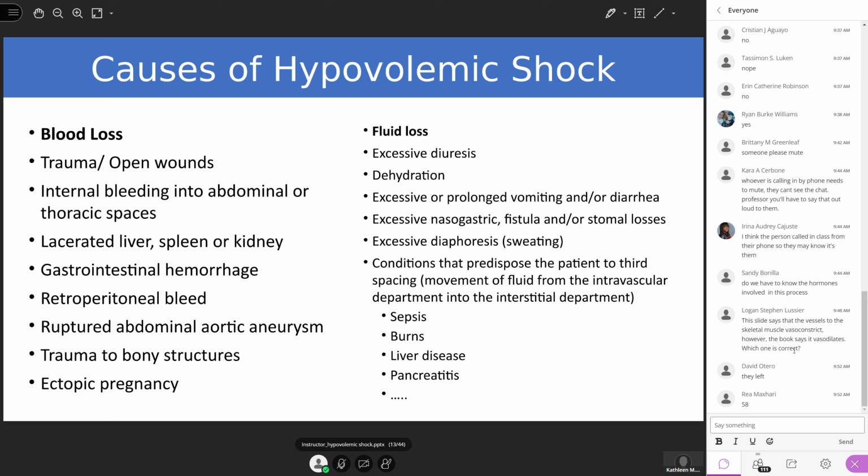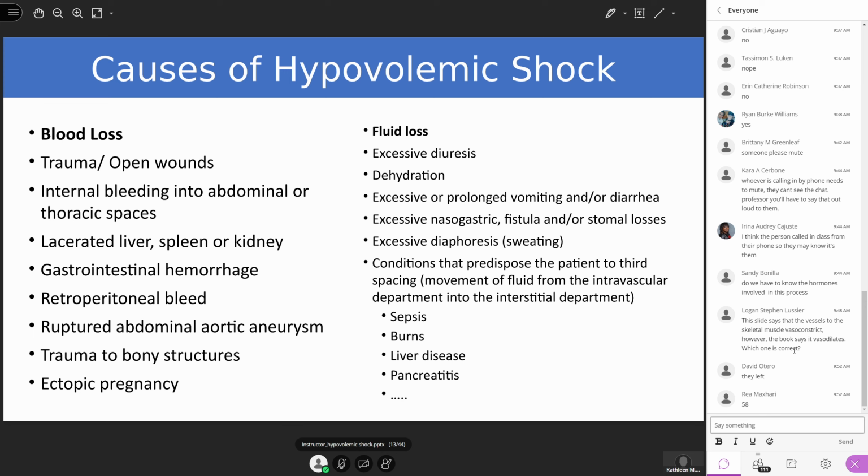So basically the consistency of albumin keeps fluid in our vascular space. But in liver disease, if the liver's diseased and not functioning well, the albumin is going to decrease, and it's going to cause this fluid in the abdomen.